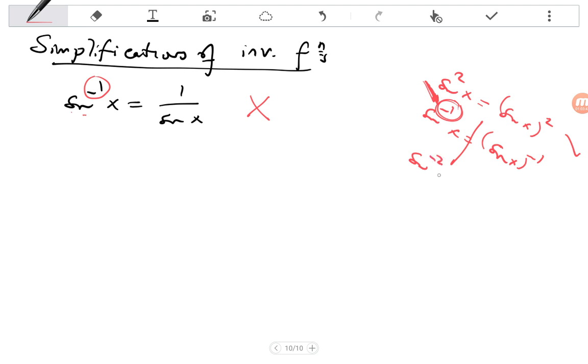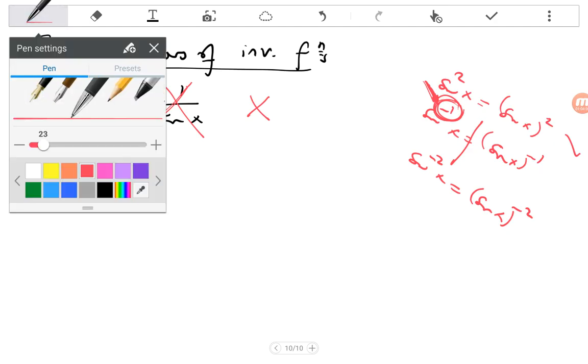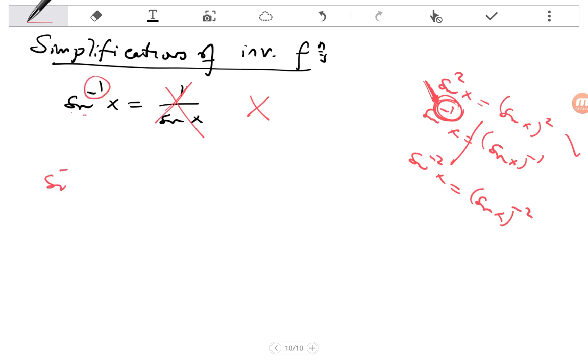So when I say sine negative 2 of x, that is sine x to the power negative 2. But negative 1 is just reserved for the inverse operation. So this is not 1 over sine x. What about saying that sine inverse 2x is sine inverse x over cosine inverse x?